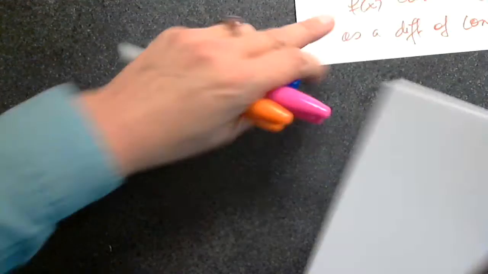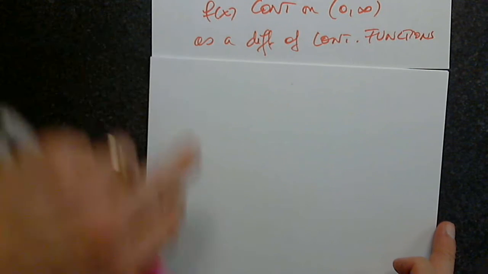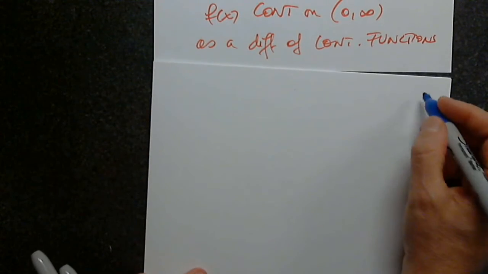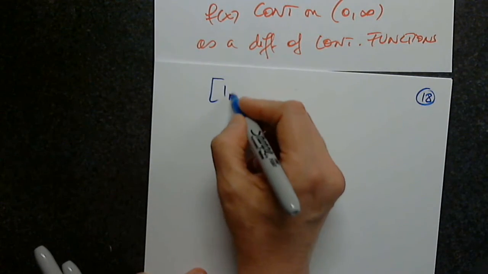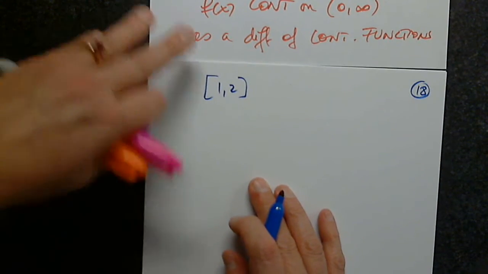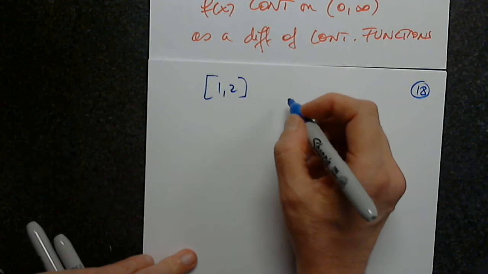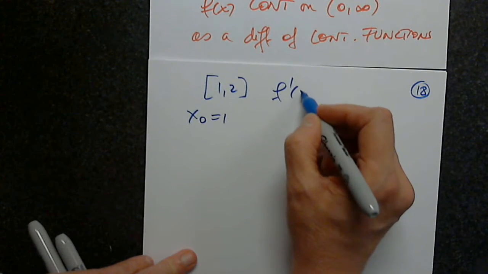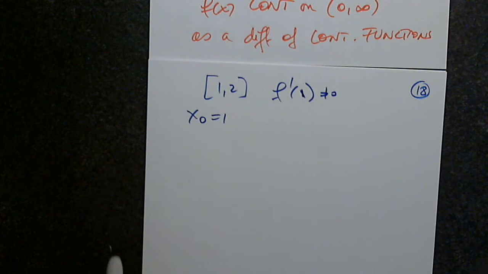Okay, very good. As long as the denominator, or f prime, so between 1 and 2, there is a solution. So just make sure that, if x0 is 1, f prime of 1 is not 0. And it's not.